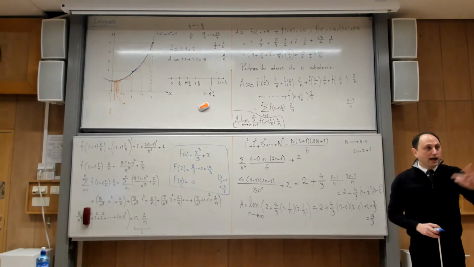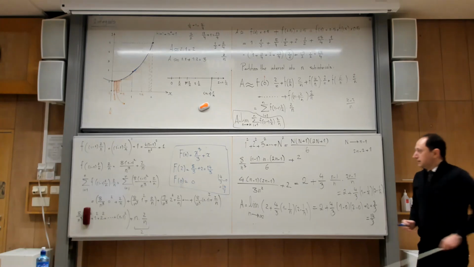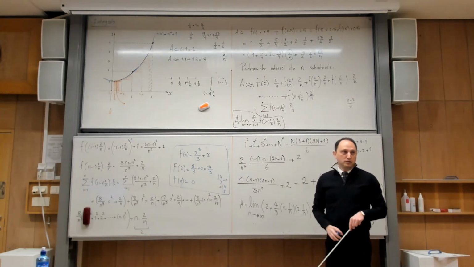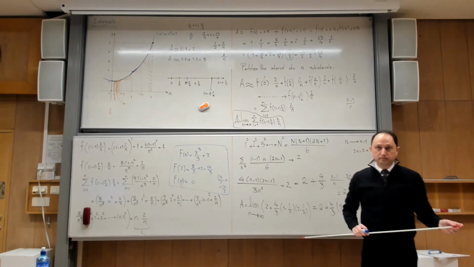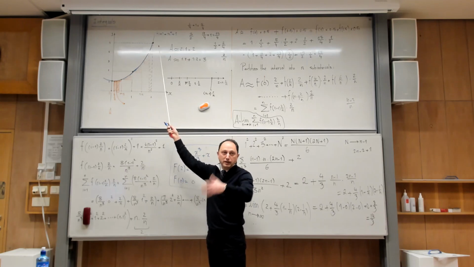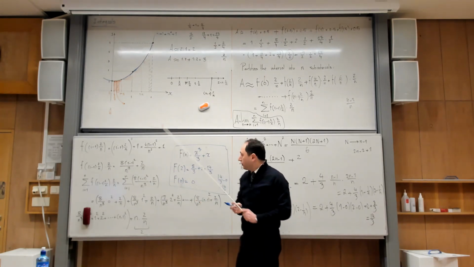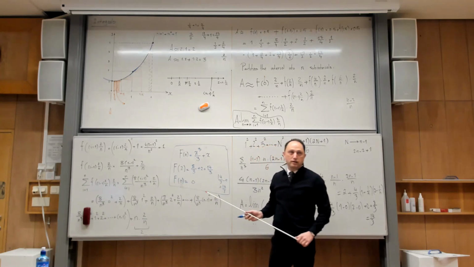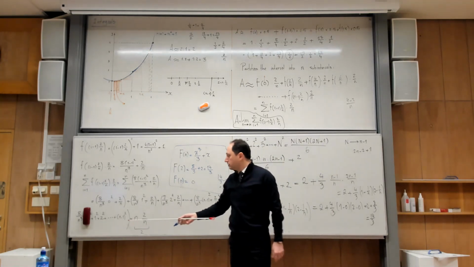Yes? And now the point is this. This method is really superior to this method. Why? Can you tell me why? Because even if I make this function more complicated than this one, as far as you can find a primitive function for it, you can do this method. But that method will actually stop there.